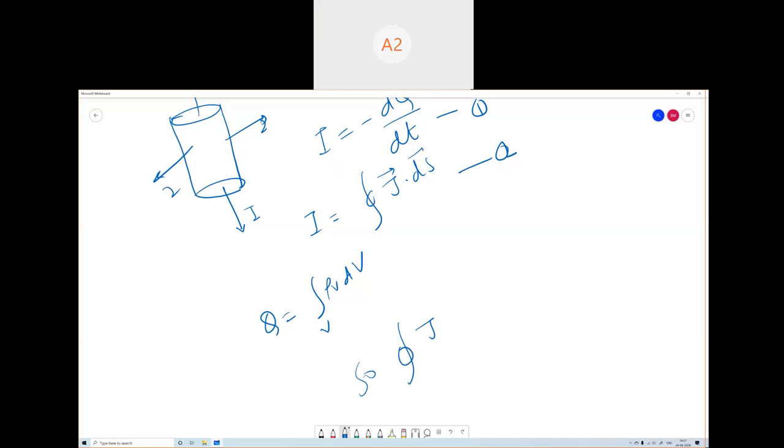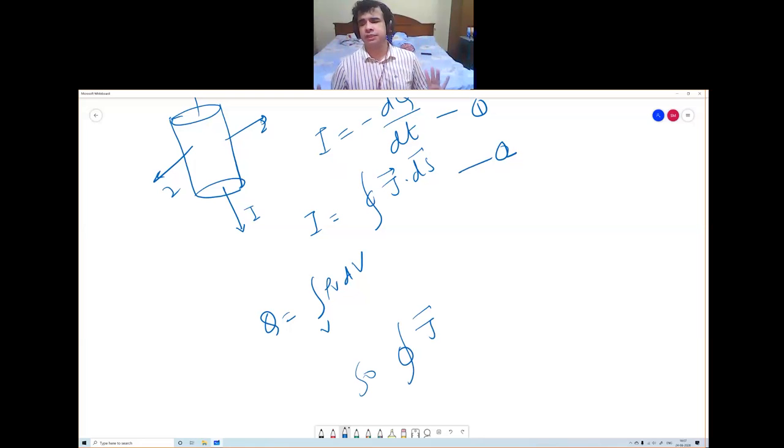The cylinder was already charged, or it contains some charge. Just assume that, hypothetically, it has some charge in it which is flowing out of it somehow. So the closed integral of J dS is equal to minus d/dt of the integral of rho v dV.